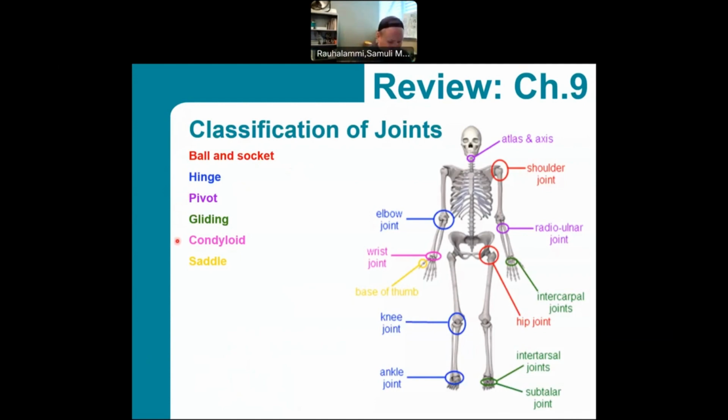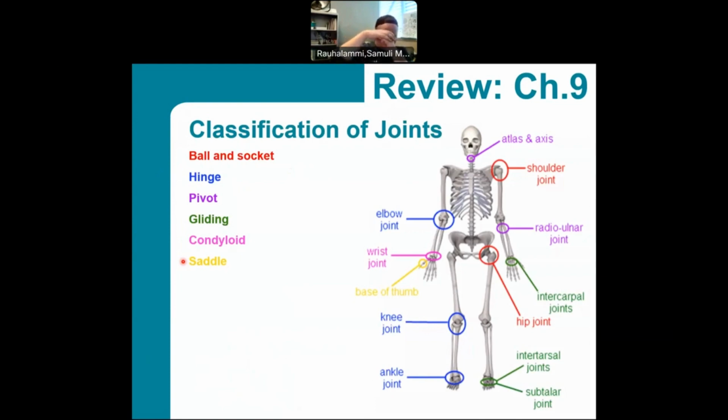Condylar joints are kind of these oval sockets, but not quite the ball and socket fit, but we see these as well in our body. We can have saddle joints. Saddle joints are really where they fit well and sit nicely together, but it's not unlimited range of movement that we're getting on this saddle.